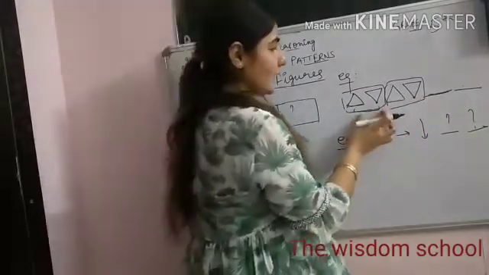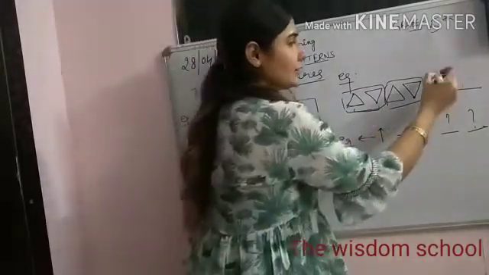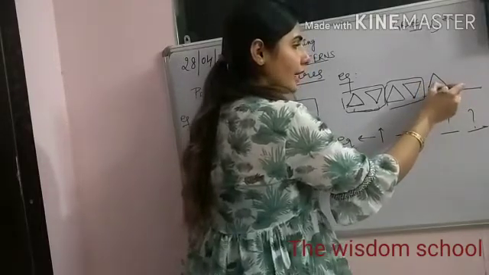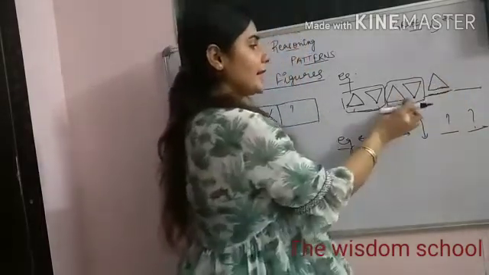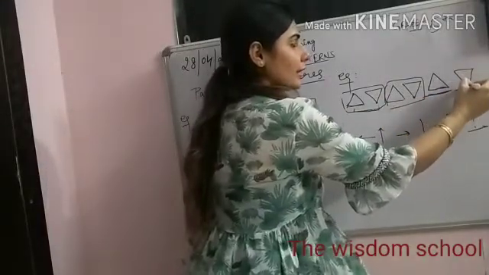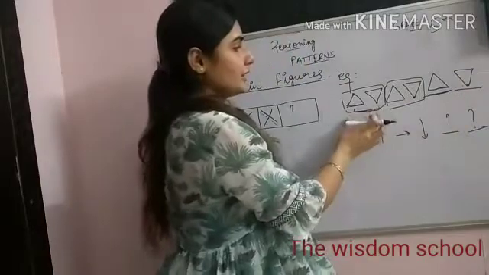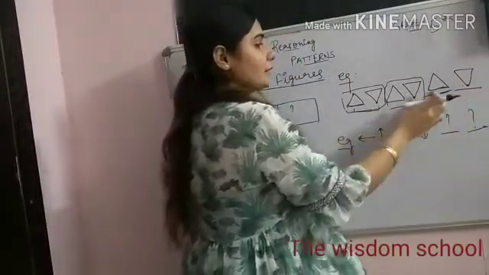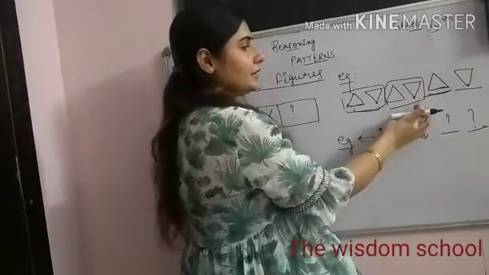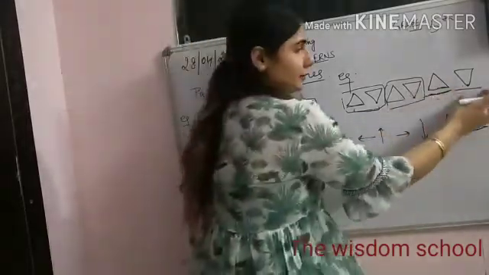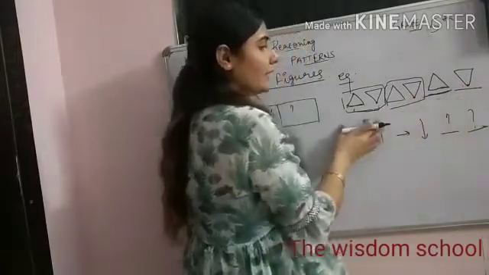Yes, so by observing these patterns, we can find out that first the triangle will come and then the reverse triangle will come. Okay, so this is the first example, and by observing these patterns, we can complete our values and we can find our pattern.